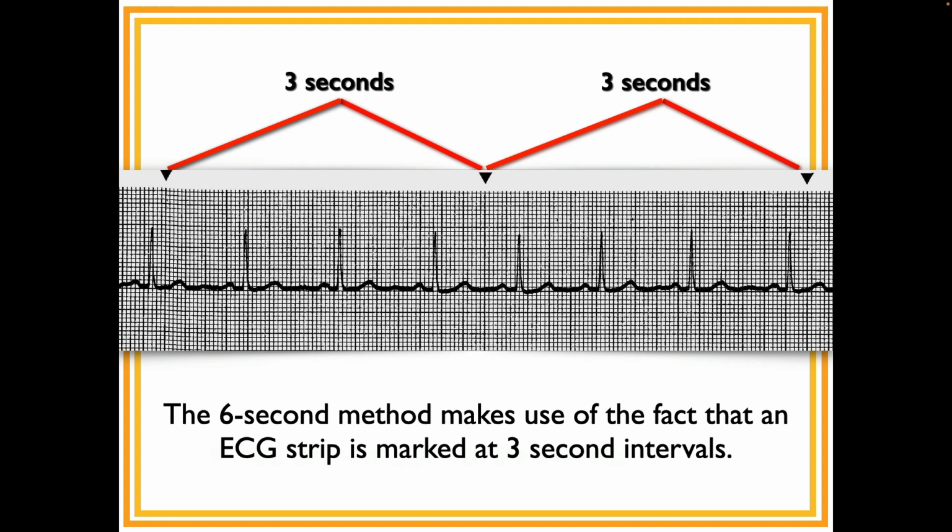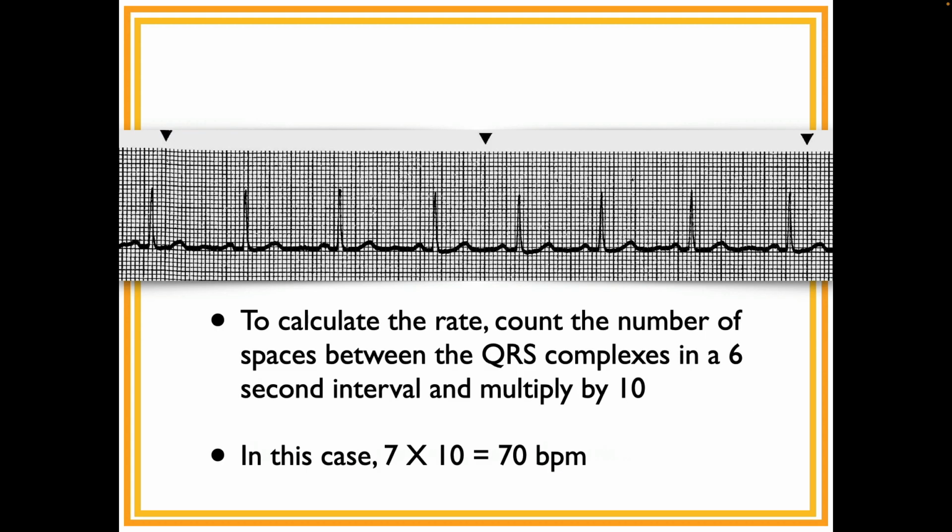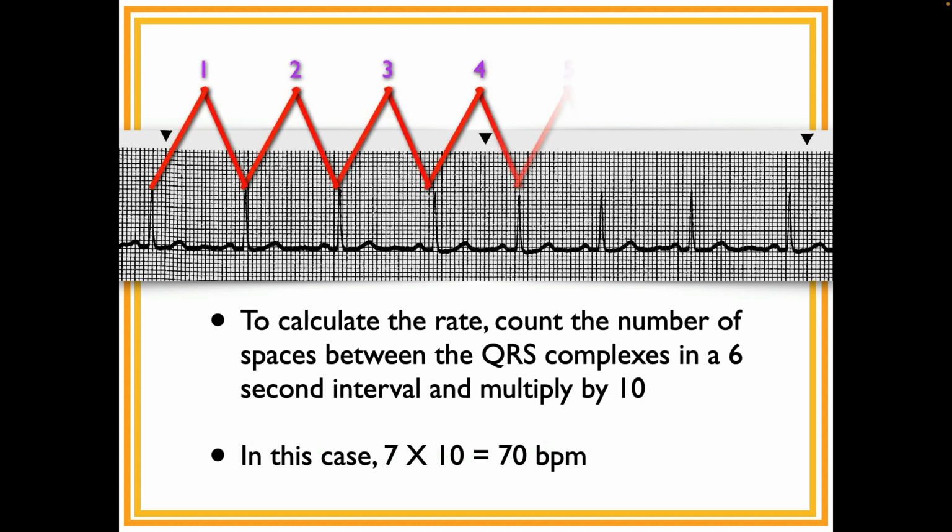Here's what the 6-second strip makes use of. To calculate the rate, count the number of spaces, the R to R intervals, not the QRS complexes themselves. What do I mean by this?